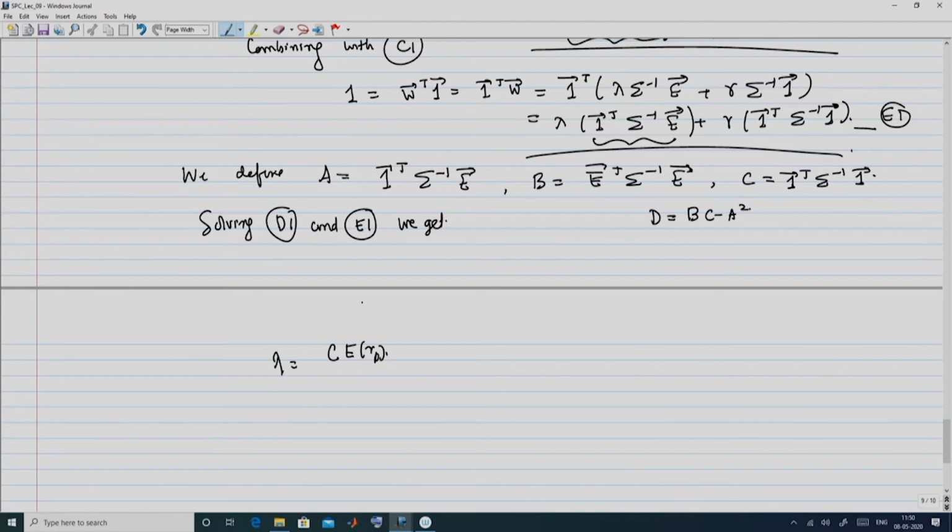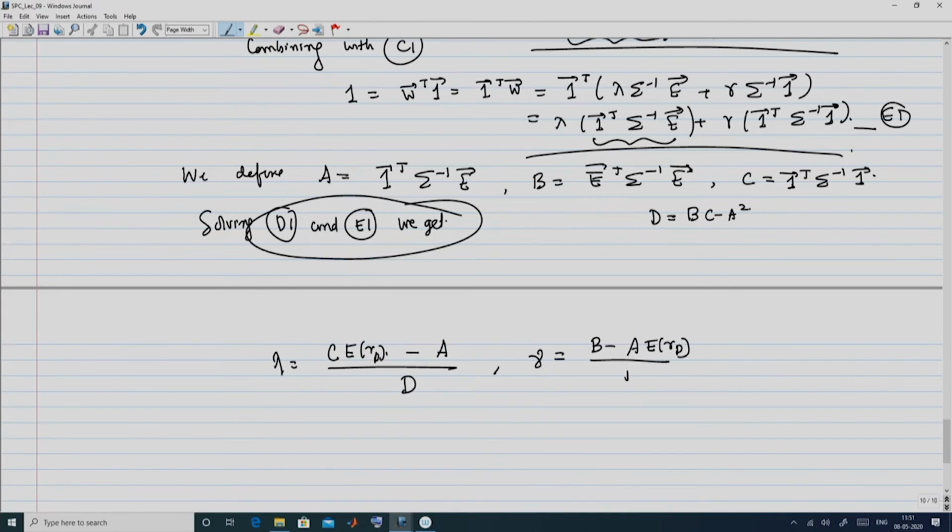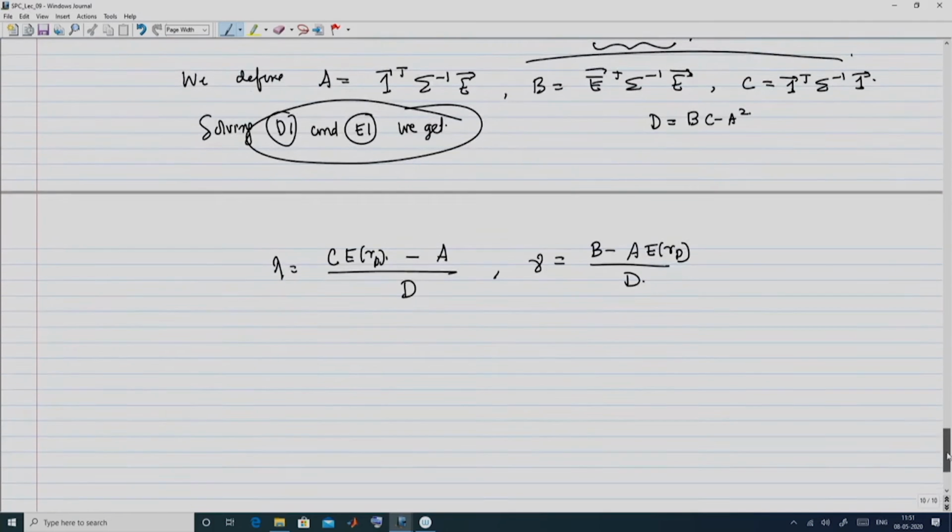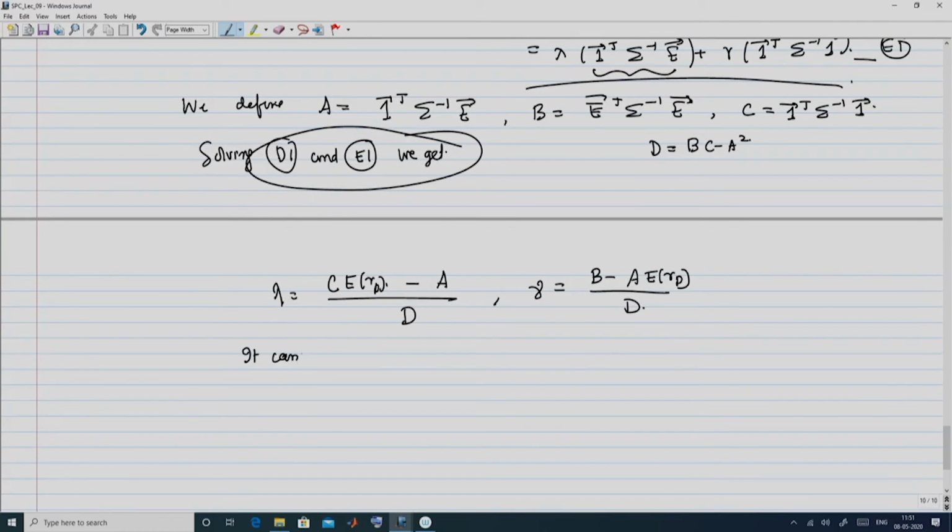So, with this notation I can solve for D 1 and E 1 to obtain lambda is equal to C ERP minus A over D, and we can get gamma is equal to B minus A into ERP over D. Okay, so it can be shown that this term B is greater than 0 and C is greater than 0, and as well as D, which is BC minus A square, this is also greater than 0.